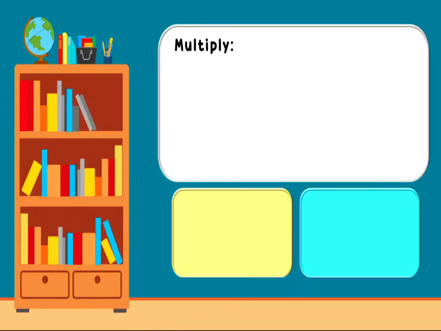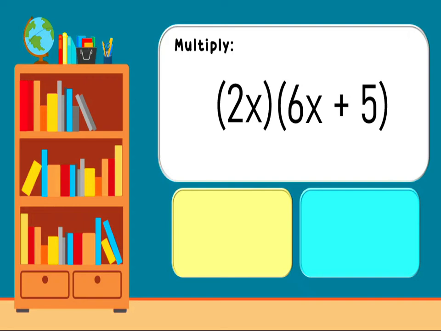Again, before we conclude this lesson, let us have some practice questions. What you need to do is to find the product or quotient of the following polynomials. For the first one, multiply 2x and 6x plus 5. For daffodil, it's 12x raised to the second power plus 10x.